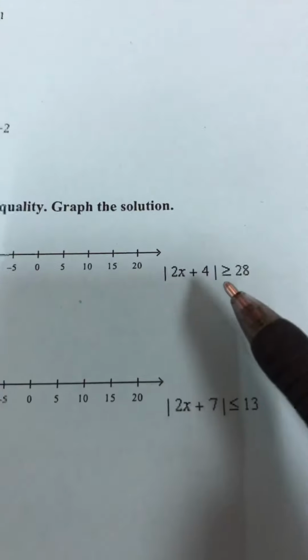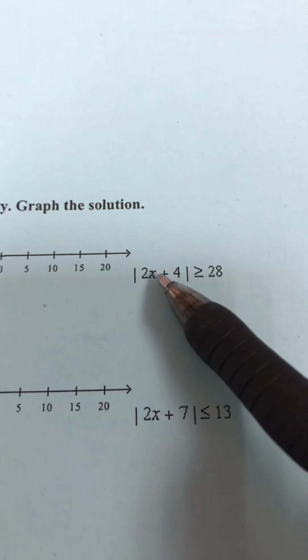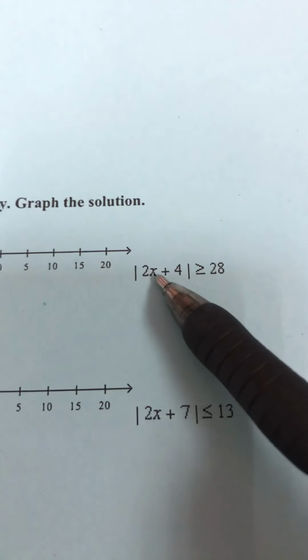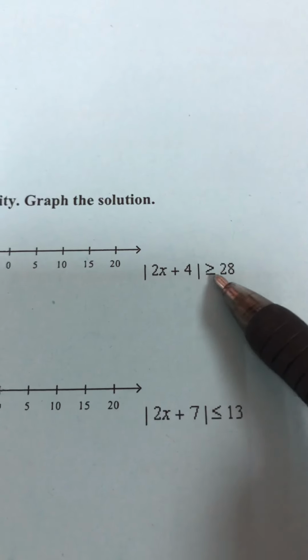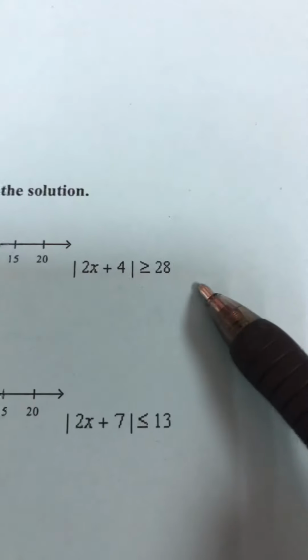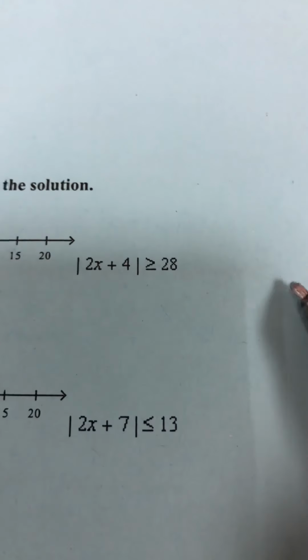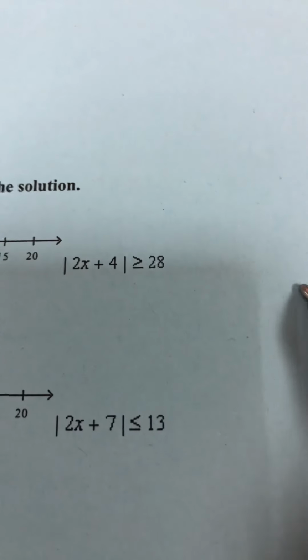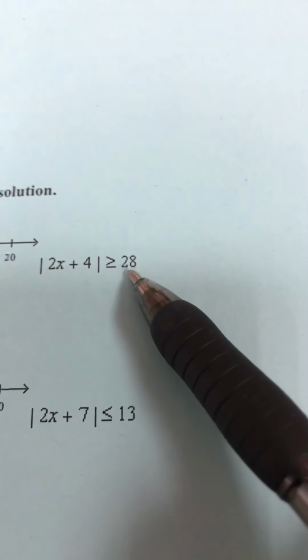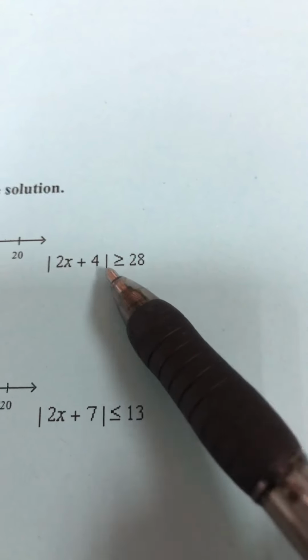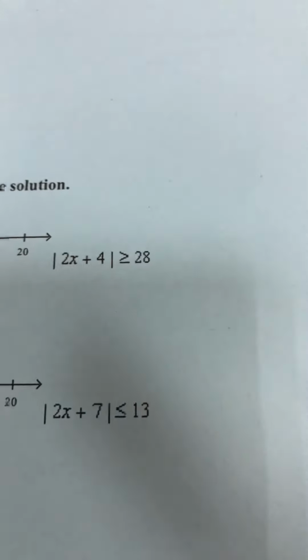Okay, so solve these inequalities. What you're going to do is take this 2x plus 4 out of the absolute value and say it could be greater than or equal to 28. You're going to rewrite it over here: 2x plus 4 could be less than or equal to negative 28. Okay, so make sure you do the correct two problems for that.